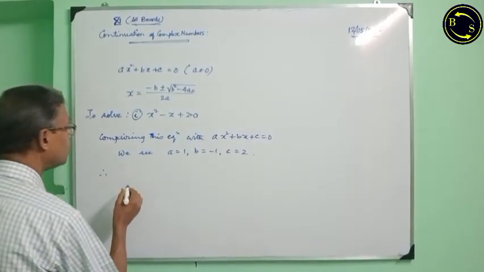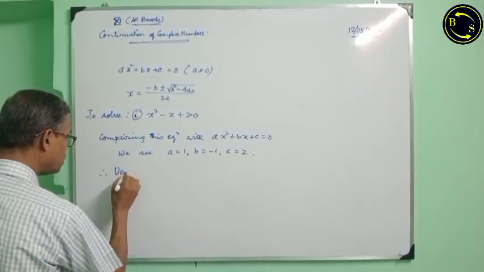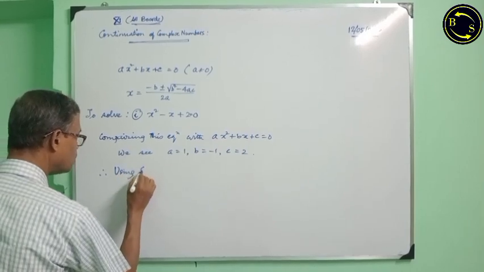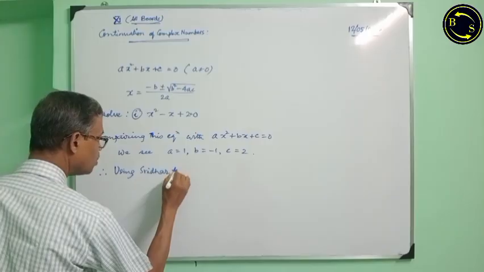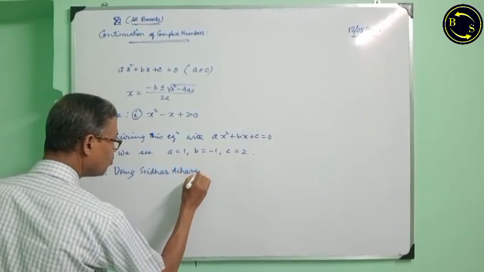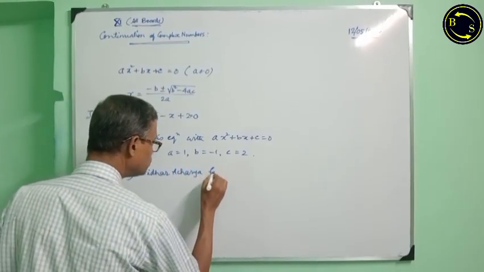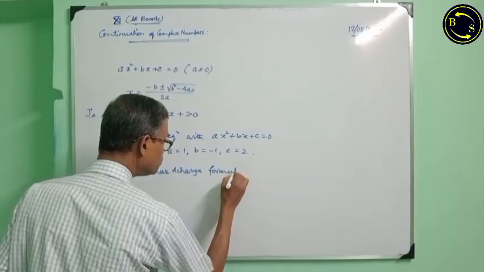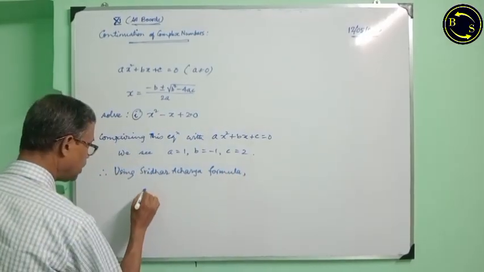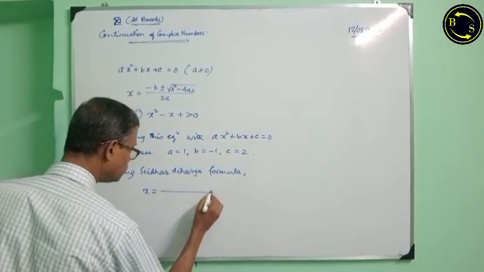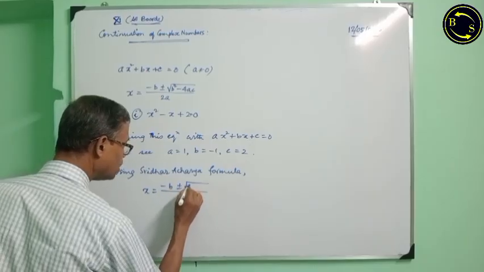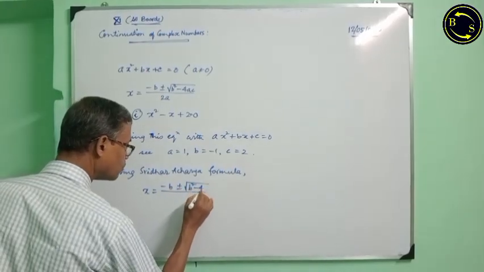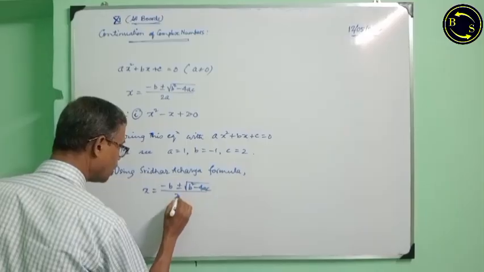Therefore, using x is equal to minus b plus minus root over b square minus 4ac by 2a.